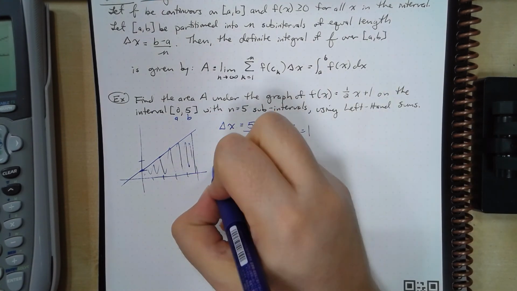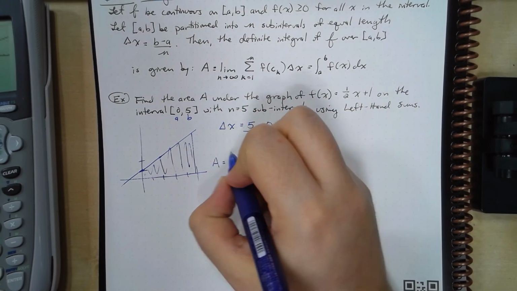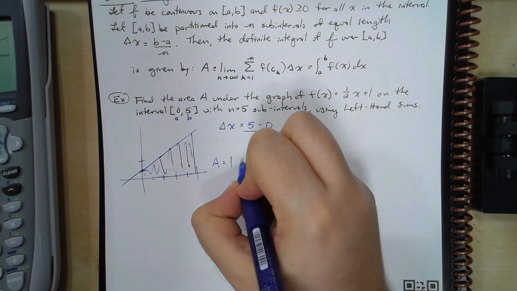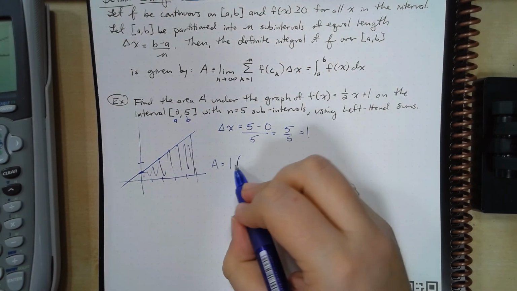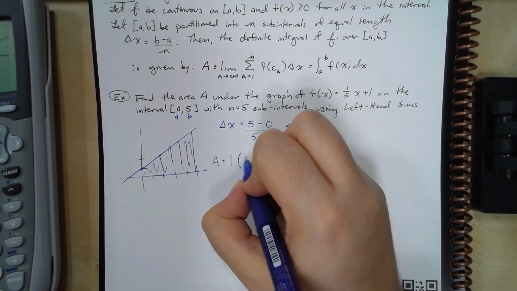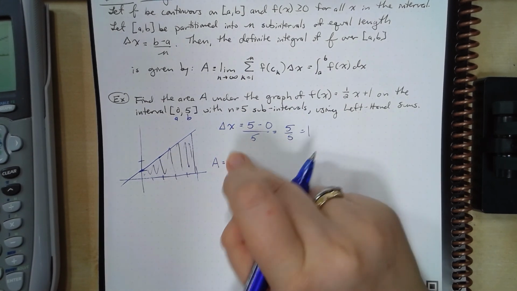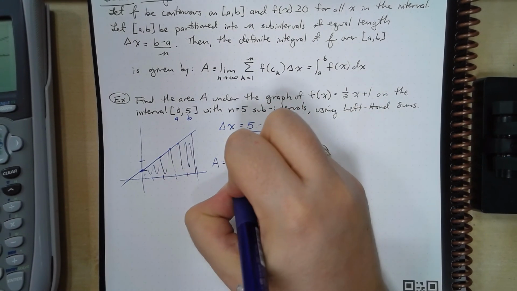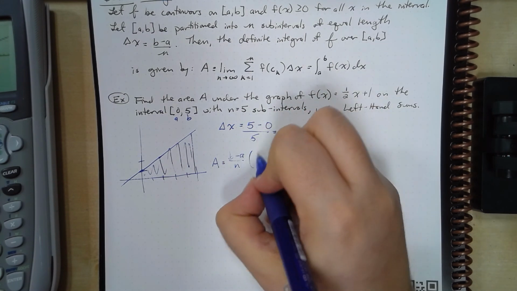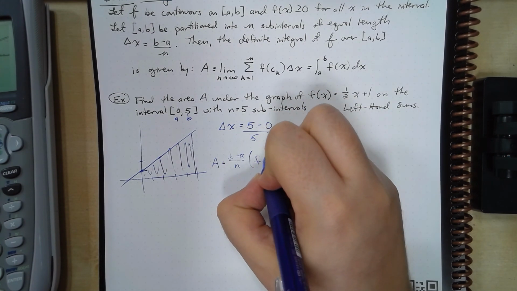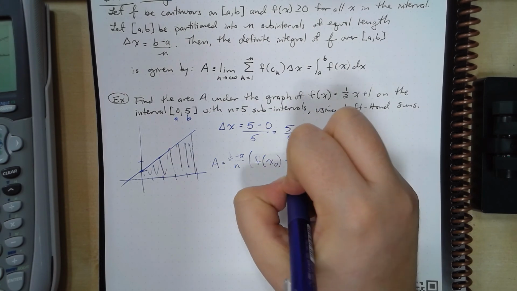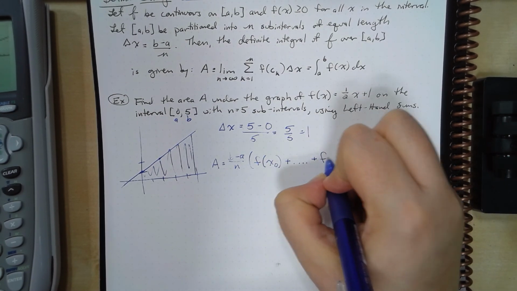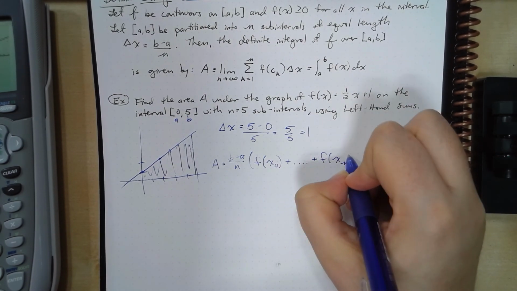So the area is going to be equal to 1 times f of 1. Well, I'll just show you the formula here. Our area is going to be equal to (b minus a) over n times f(x sub 0) plus ... plus f(x sub n).